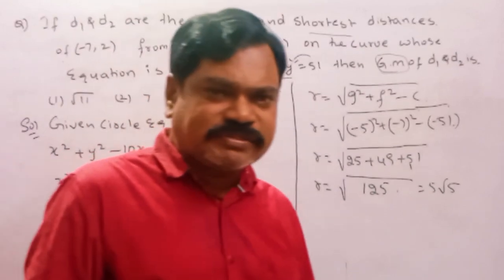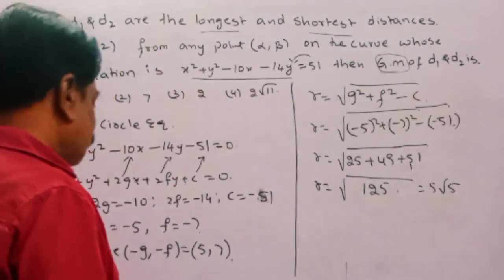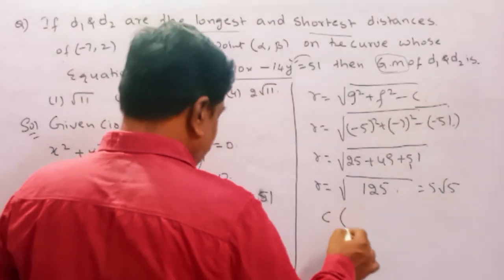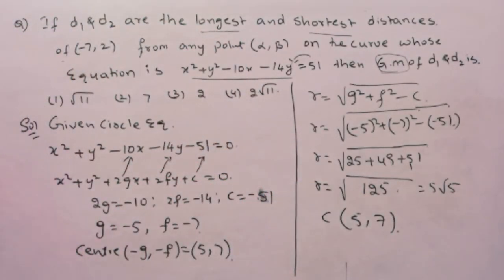The radius of the circle is 5√5, and the center is (5, 7).